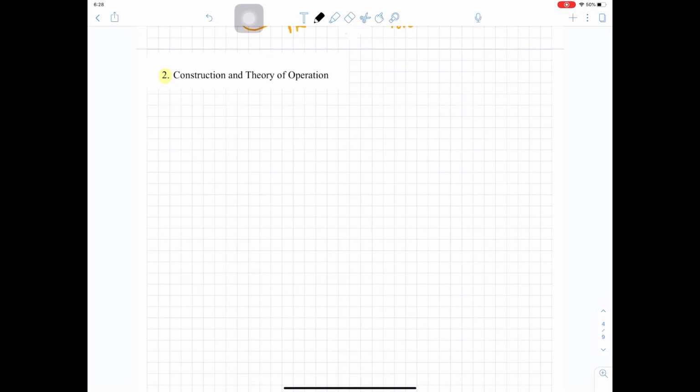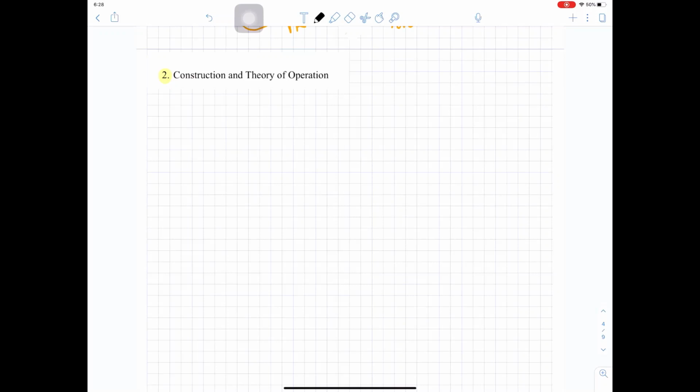So let's start by identifying what are the needed components in construction, and while we are explaining the construction, we will go through the theory of operation.